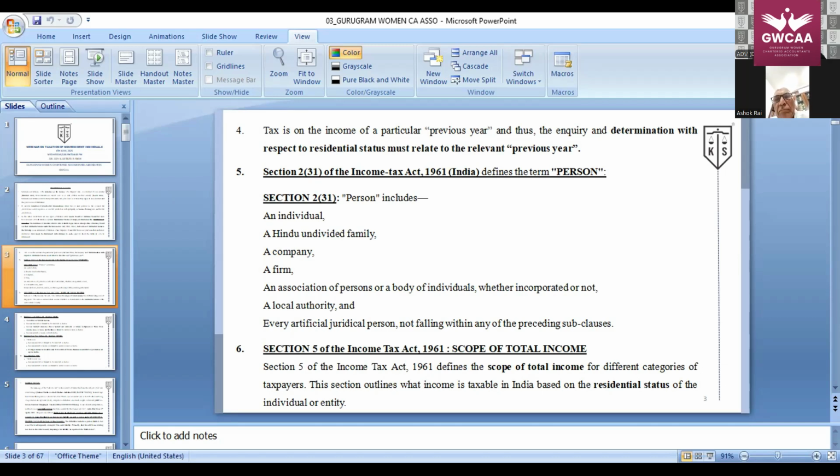So when two states are involved in levying tax on a particular transaction, then international taxation arises.